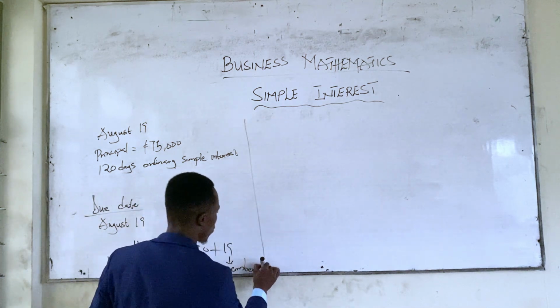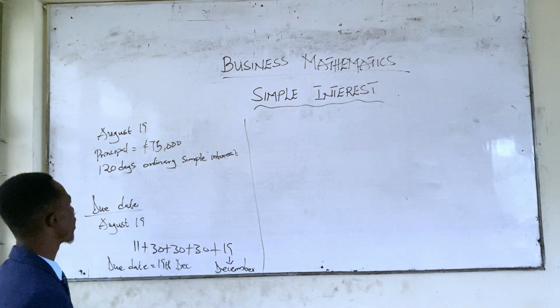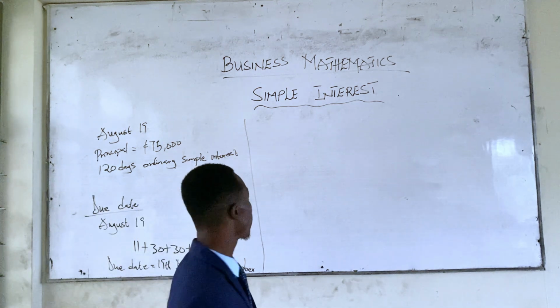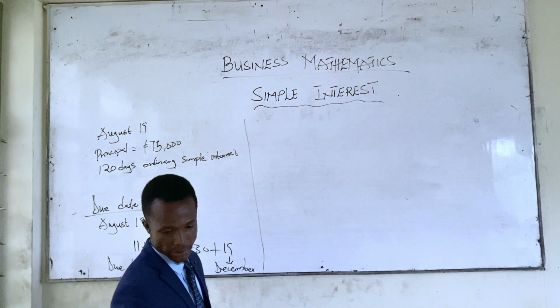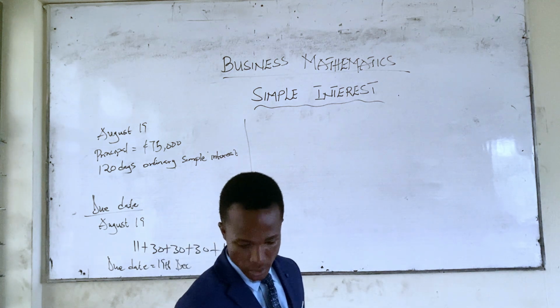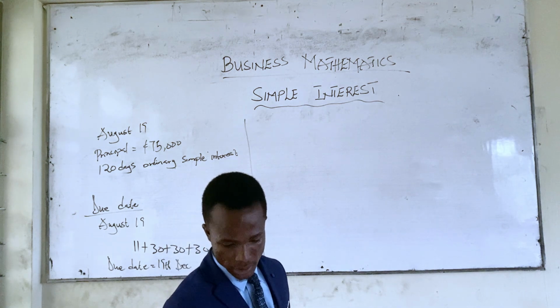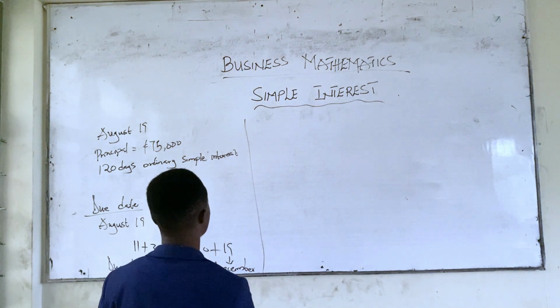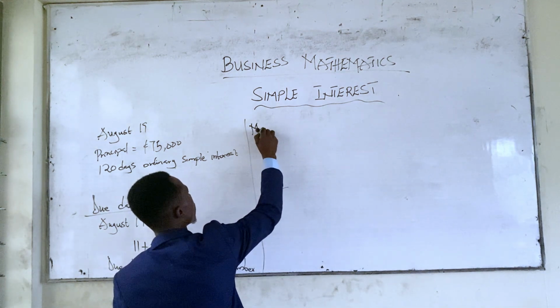So that is what we are going to do over here. Then we are done with the due date. Now we know the due date is 19th December. The question asks us to also calculate the maturity value.